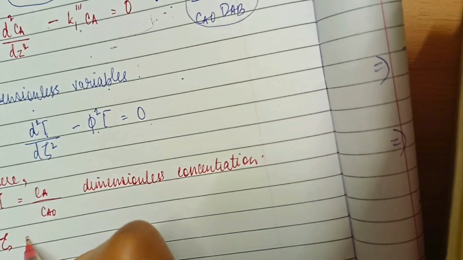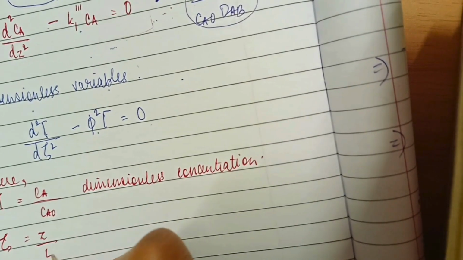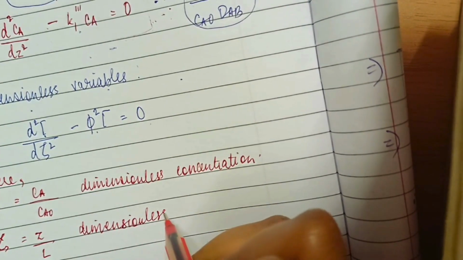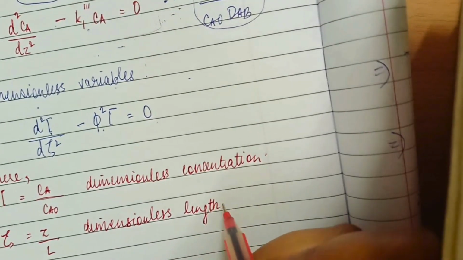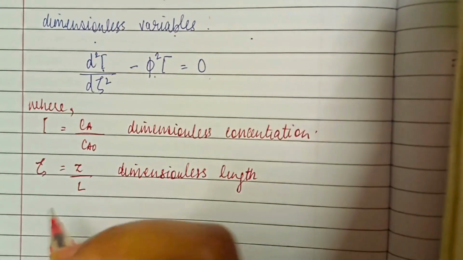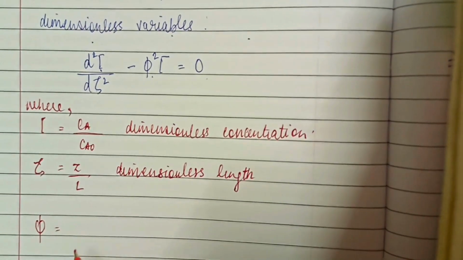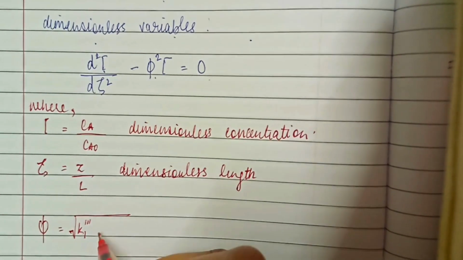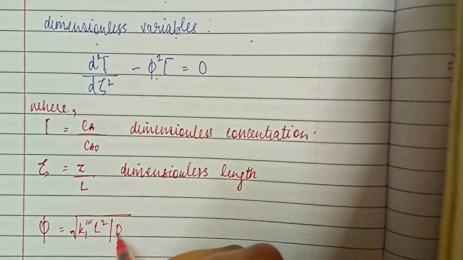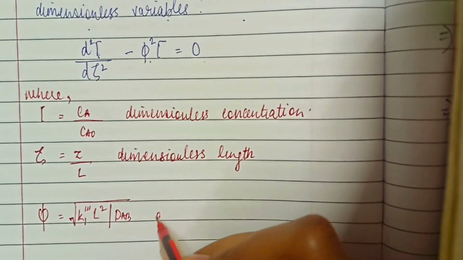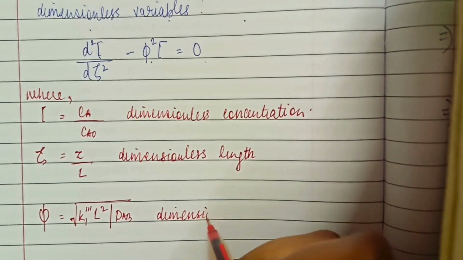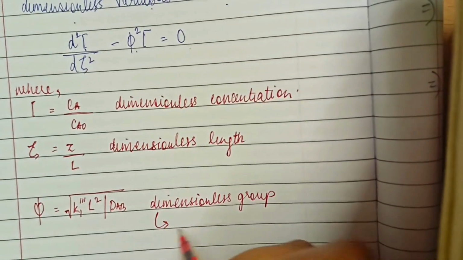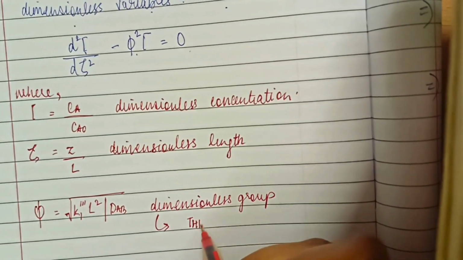Zeta is Z by L, which is a dimensionless length. And phi is nothing but the root of K1 triple prime L square by DAB. This is a dimensionless group, otherwise known as the Thiele modulus.